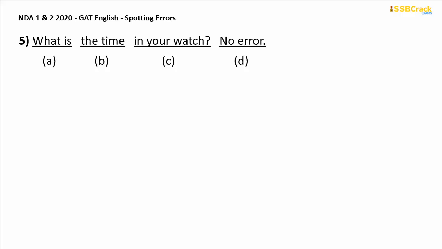So, always remember, time itself is an abstract concept. It's not a physical concept. You cannot touch time, right? It's not a physical thing. It's not a concrete thing. It's an abstract concept. Therefore, time cannot be contained in any object or in any watch.